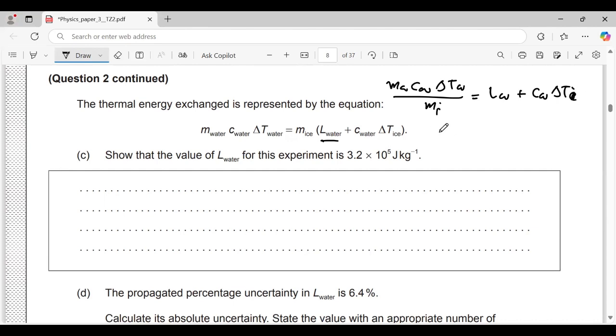So it means L water equals M water delta T water over M ice, minus this term, delta T ice. So L water is equal to the mass of water, 0.095. L water is derived from this formula, and it becomes this one.